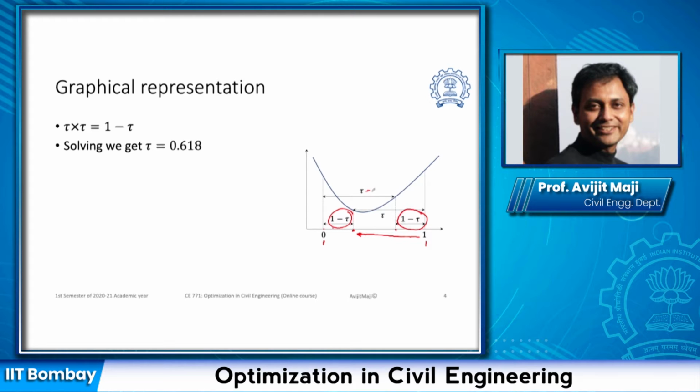And here again, if we find the two points based on the factor tau, we need to ensure that this point exists.